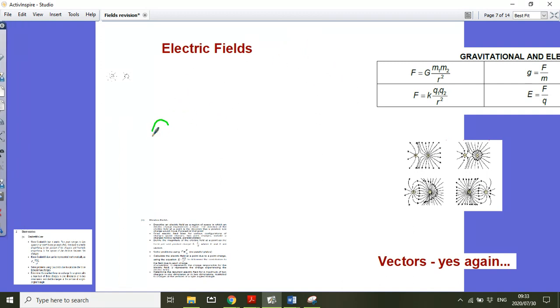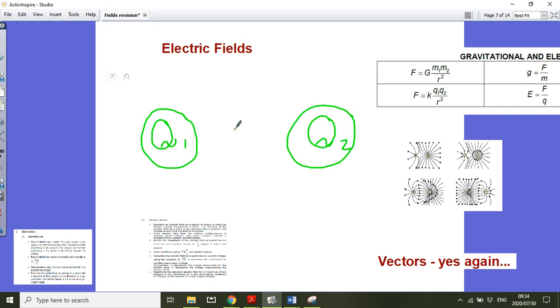So if I have a charge Q1 here and a charge Q2 here, and they ask me for the net field, it doesn't have to be in one dimension, but then they must give you the angles, or it must be 90-degree angles. So let's just say there's a little point here, point B, and I want to know what the net field is at that point.